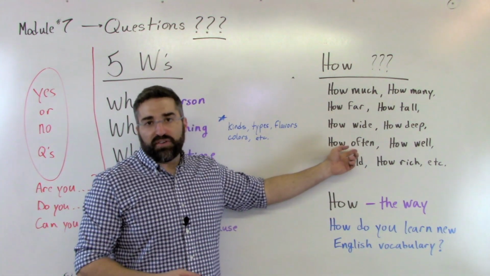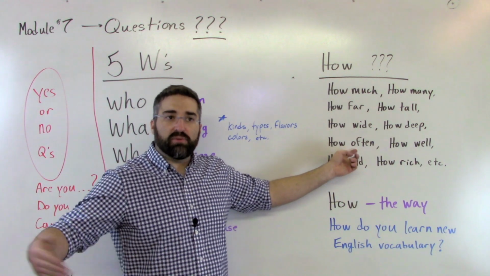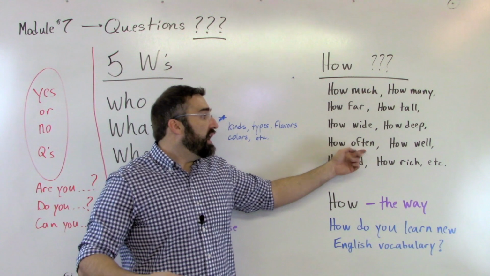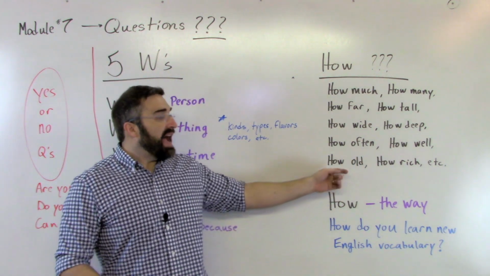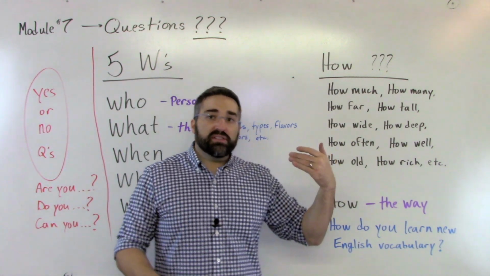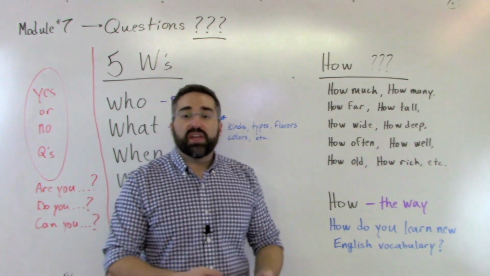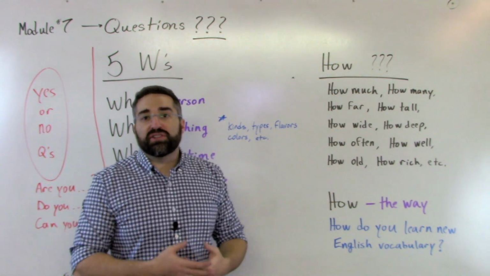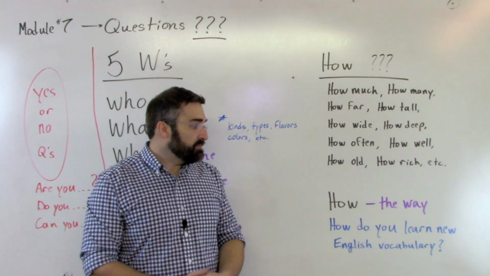How often do you study English? Well, I study English every day. Well, every day means 7, right? So that's how often. We get a number there as well if we think about it. How old? How old is age? We want a number for this. How rich? More numbers. So a lot of these how questions can be related to specific numerical or number information.